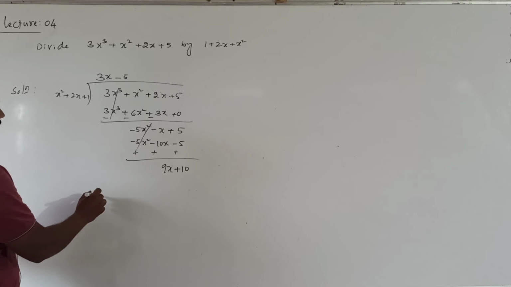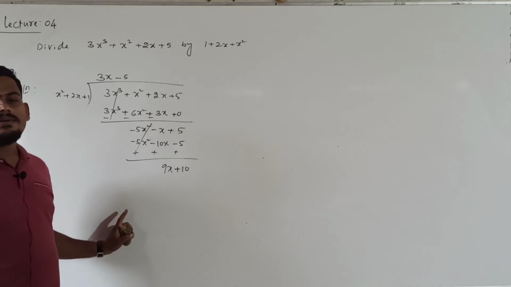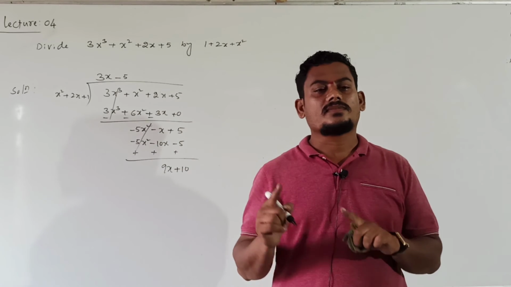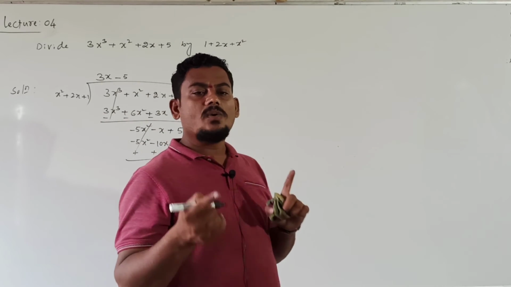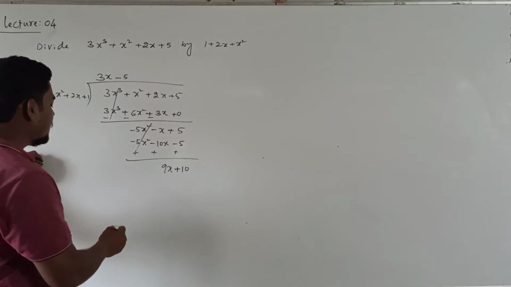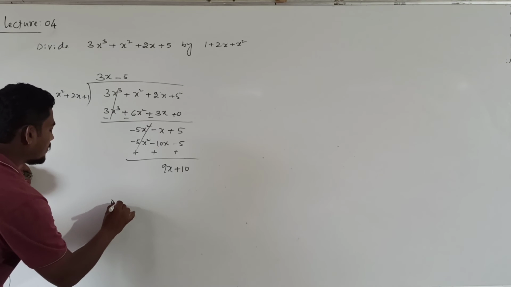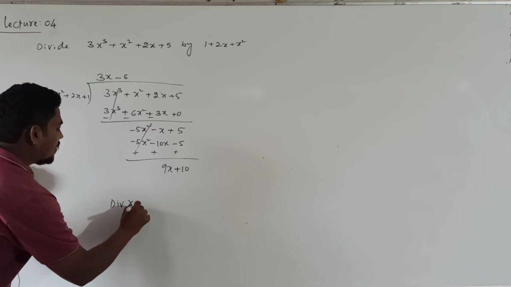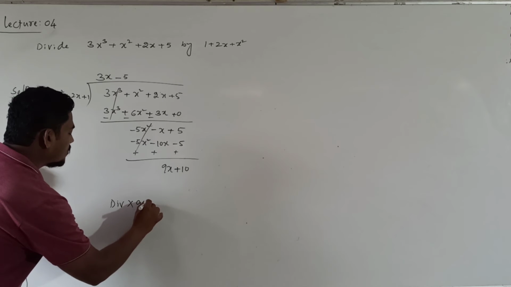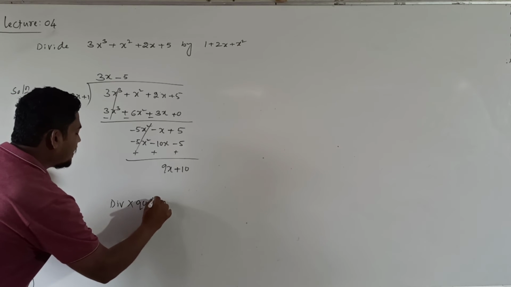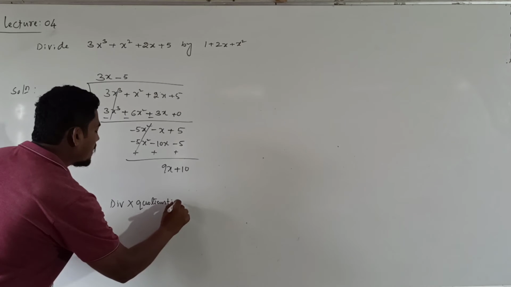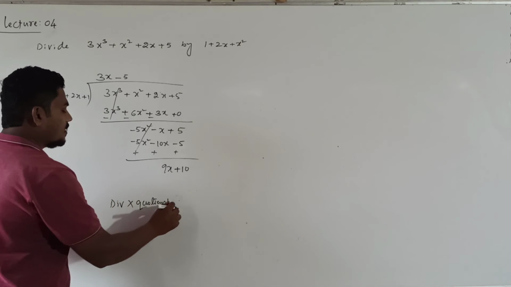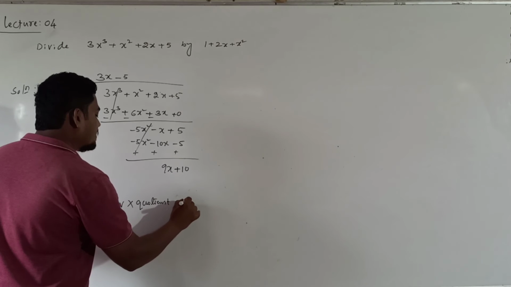Already we know dividend equal to divisor into quotient plus remainder. Now verification. Consider divisor into quotient plus remainder.